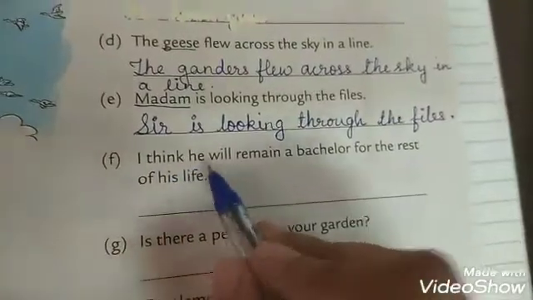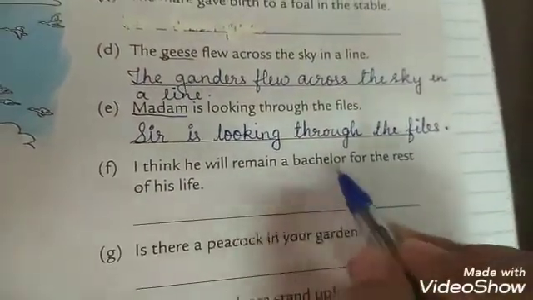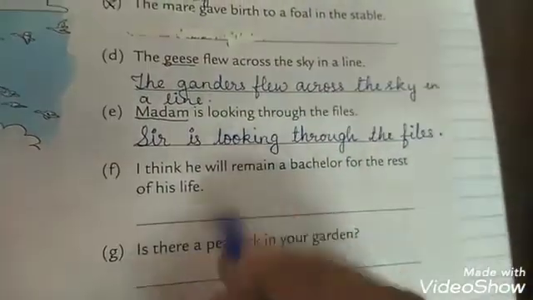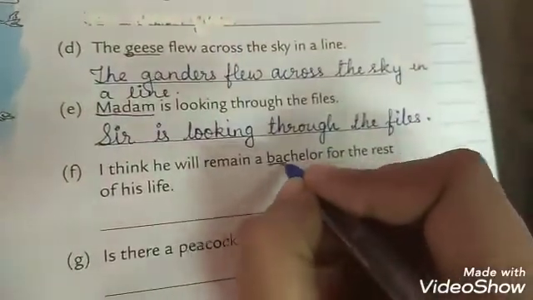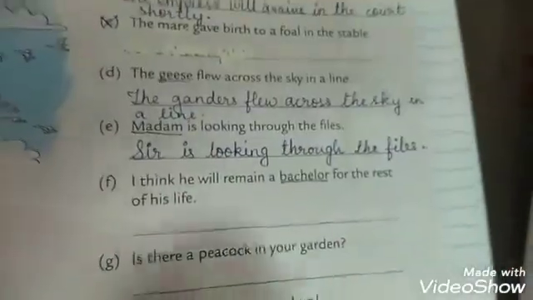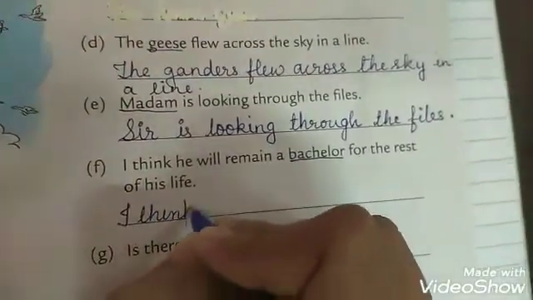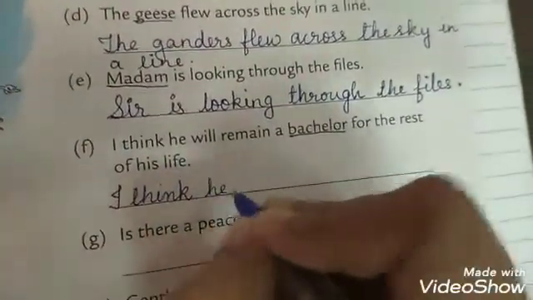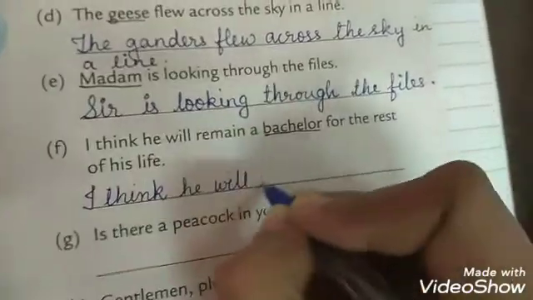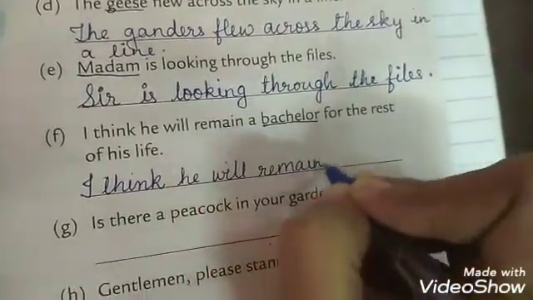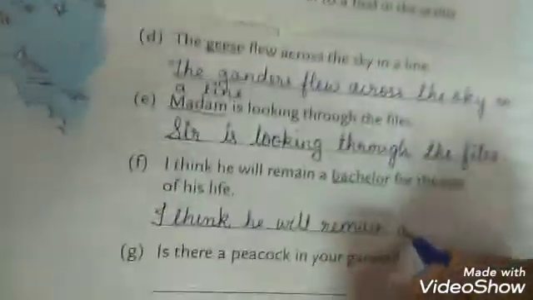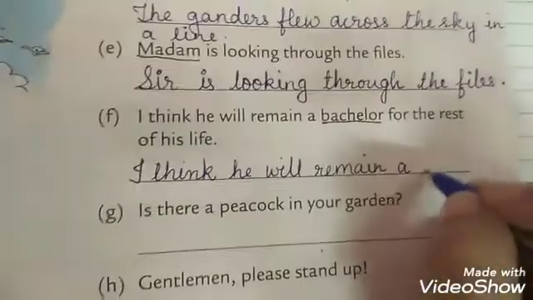I think he will remain a bachelor for the rest of his life. Here, bachelor is a masculine gender, so we will change it into a feminine gender. So we will write the sentence. I think he will remain a spinster.